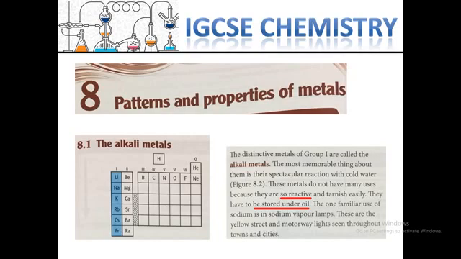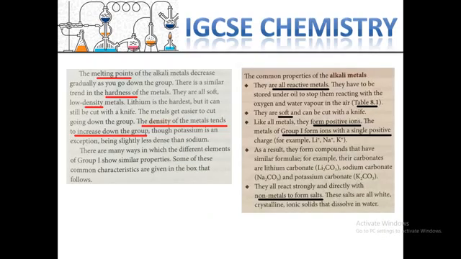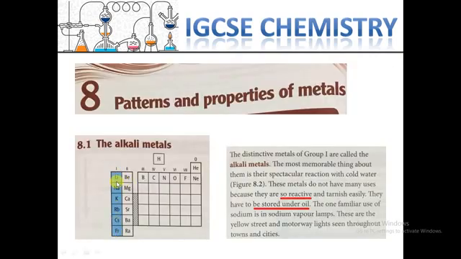All right, these slides again tell us about the melting point, hardness, and density. The density of the metals tends to increase down the group. When we move down from top to bottom, the density will increase. Density increases because the atomic number increases.